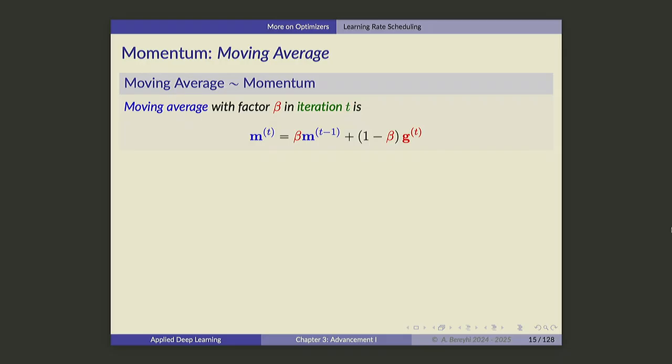Now just expand this: beta gamma 1 G1 plus beta gamma 2 G2 plus 1 minus beta G3. Call these alpha 3, alpha 2, and alpha 1. What's going to happen? It's going to be alpha 1 G1 plus alpha 2 G2 plus alpha 3 G3, right?